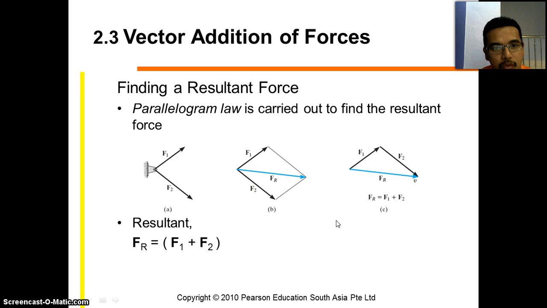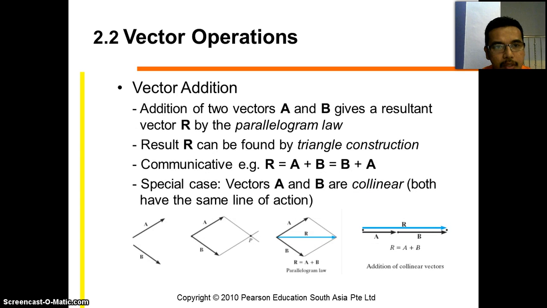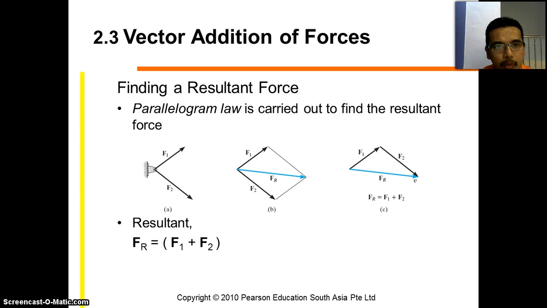Now we continue our topic in chapter 2. We have done the vector operations, vector subtraction and vector addition, before. Now, using this addition and subtraction, we want to find the resultant force.